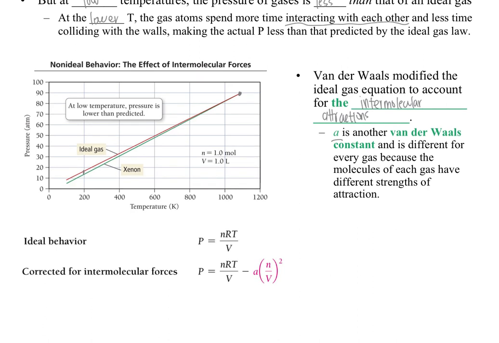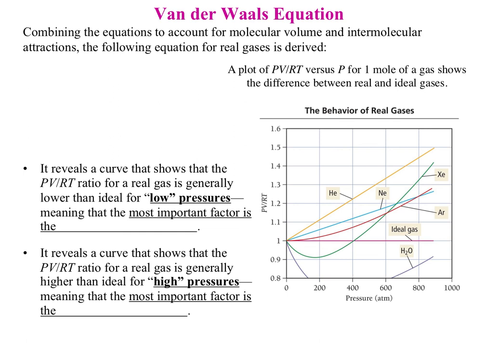Under ideal conditions, pressure equals nRT over V. Now we'll have it be less than it would be, so we subtract A times n over V, the moles over the volume squared, is how that ends up working out. So now pressure plus A n over V squared equals nRT over V.